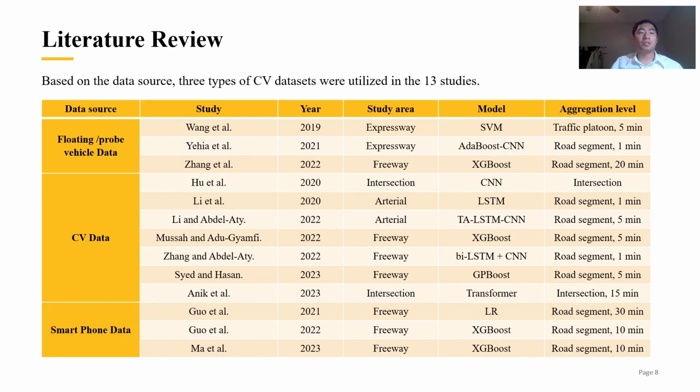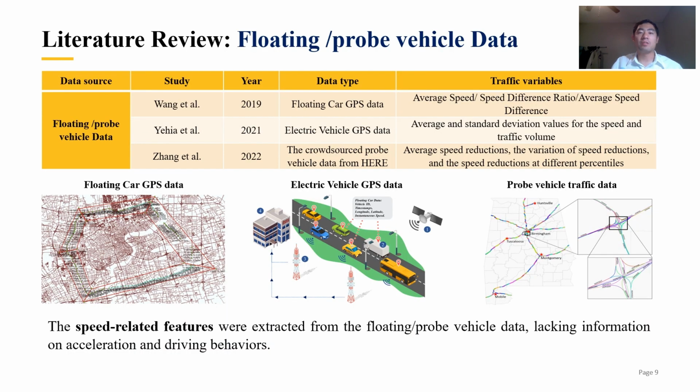So based on their data source, 3 types of CV data sets were utilized in these reviewed studies. First is the floating and probe vehicle data. Three studies used such data for crash risk evaluation and prediction.